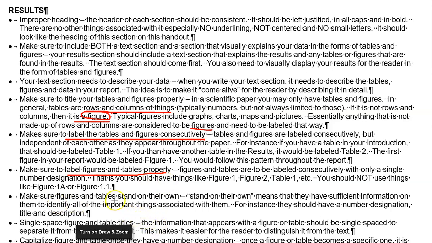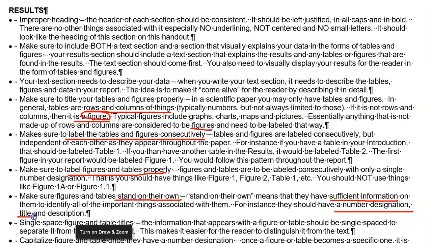Here's the thing that really becomes important: figures and tables stand on their own. I alluded to that a minute ago, and what standing on their own means is that they have sufficient information on the actual table or figure that you don't need any other reference material. So they should have a number designation, like table 1.